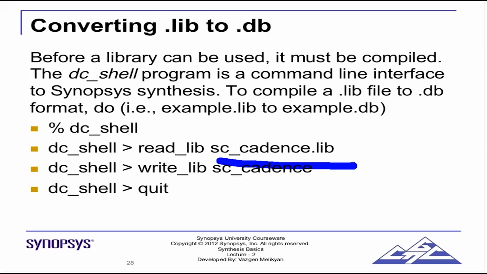So the input is stcadence.lib, output is stcadence.db. It's a very simple process. Most of the time, when you go to the library, you will see that every library file has a lib and a db already there. If not, then you can use these commands to write the DB. It's not a big job.